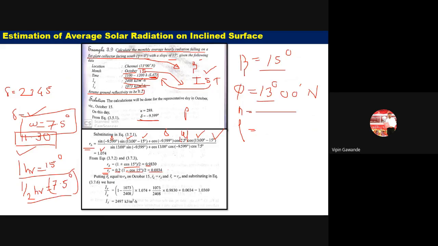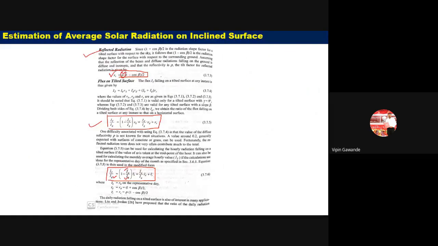Now ID and IG are given. We have to calculate IT. In this formula, ID and IG are given, and RB, RD, and RR we have calculated: the reflectivity, the diffuse, and the beam factors.